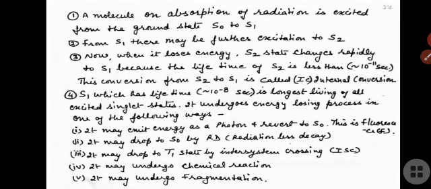However, if the singlet state is sufficiently long-lived, as in the aromatic and carbonyl compounds, the S1 to T1 change, called intersystem crossing, occurs with a high degree of efficiency.